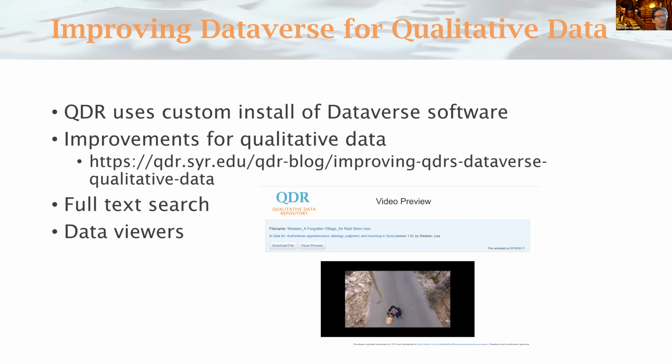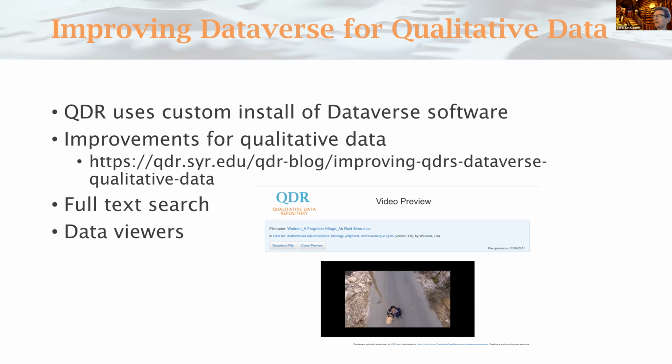So really cool for quantitative data. You could do absolutely nothing with the standard formats our researchers work with. So PDFs, text files, image files, etc. So we did two things. One thing is we built in full text search.